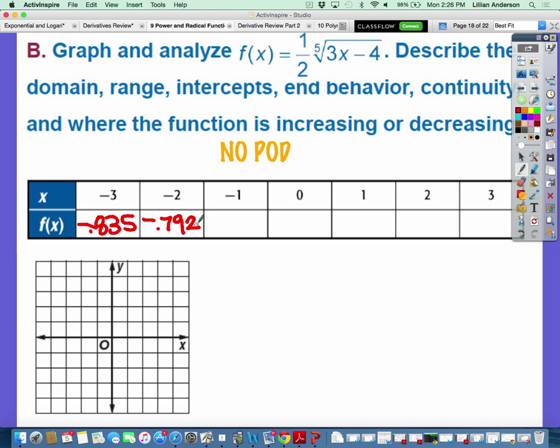Okay. Ian, help him out. -1, you plug in, -0.738. When I plug in 0, Alex? Oh, wait. Negative. Say it again.